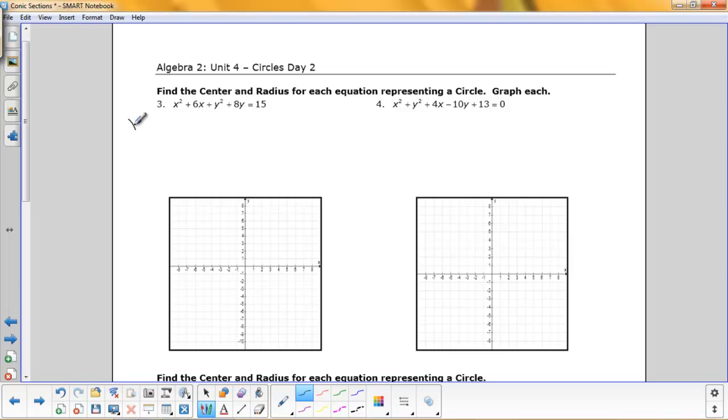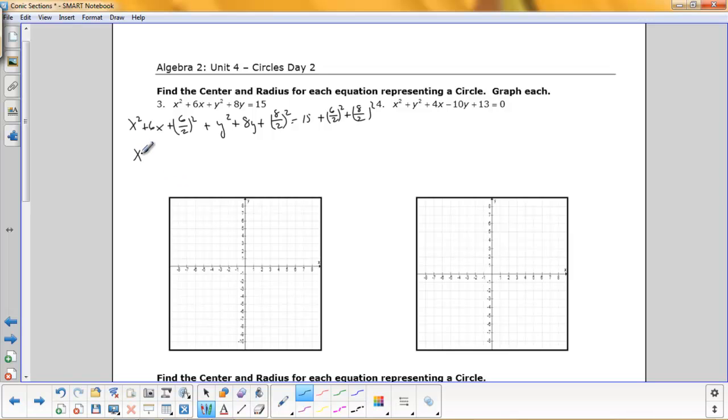Alright, grouping x squared plus 6x plus (6 over 2) squared, plus y squared plus 8y plus (8 over 2) squared, equals 15 plus (6 over 2) squared plus (8 over 2) squared.